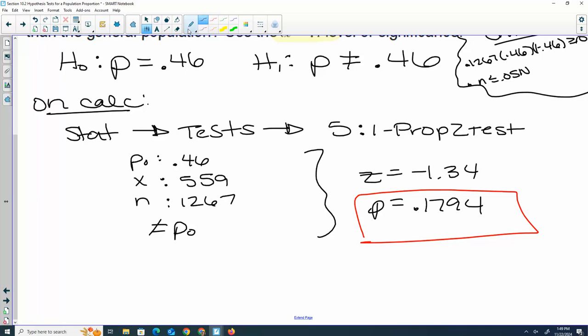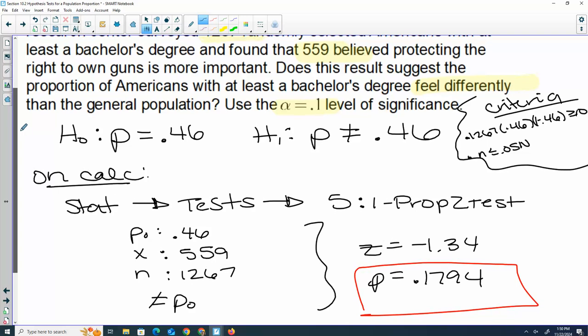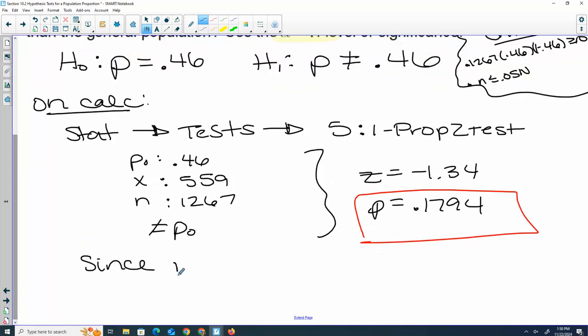We reject if p is less than alpha. Otherwise, we fail to reject. Is p smaller than alpha? So since p is greater than alpha, we fail to reject the null hypothesis.